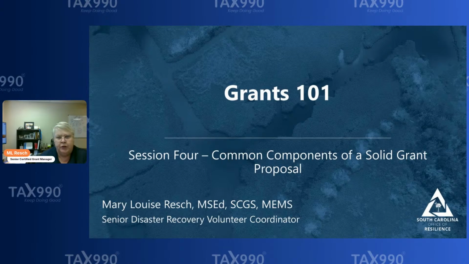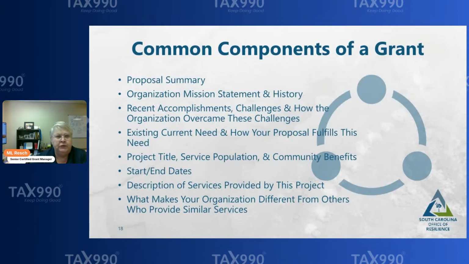And remember, we promised that we would send you some grant resources. We will also send you a Word document at the end of this class that has all of these components included, and it's very easy to put together so you can do it before you have a deadline. So let's get started.